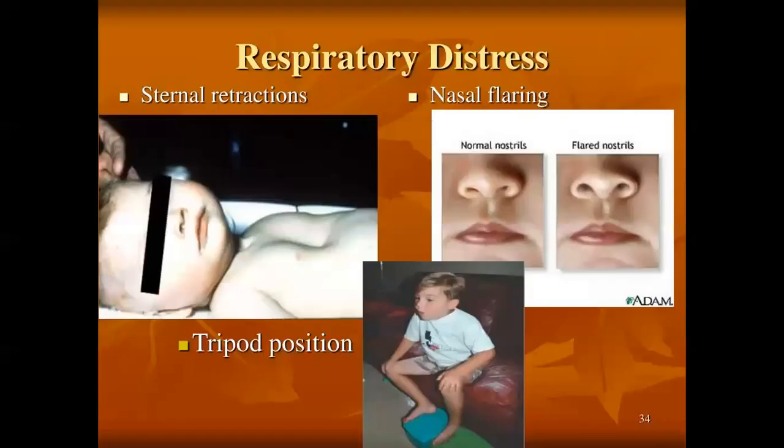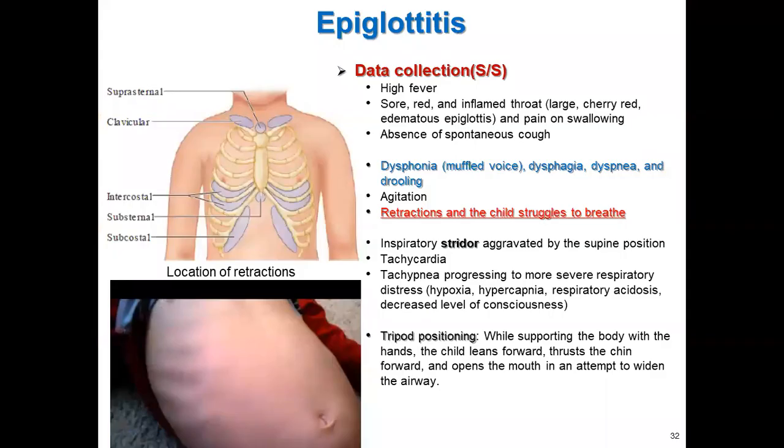So what will the child look like during an episode of epiglottitis? Usually the patient, when presenting, is sitting upright, like this picture, we call it tripod position, sometimes with the tongue protruded outside, drooling, swallowing, or rapid breathing, right?